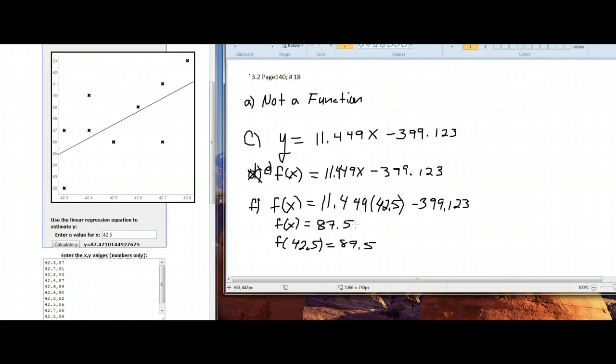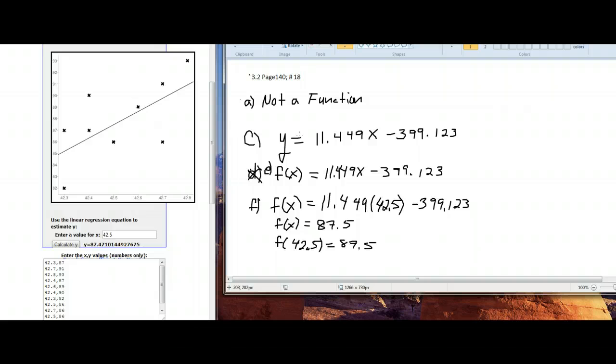It says, interpret the slope of the line found in part C. Well, if we were to look at the slope, let me scroll this. Our slope is 11.449. Well, this is a relationship of the weight in grams of a box of raisins to the number of raisins. So we will have 11.449 raisins for every gram.